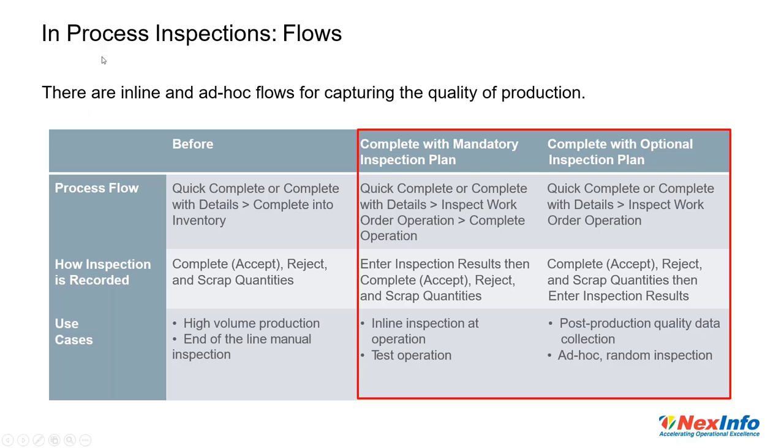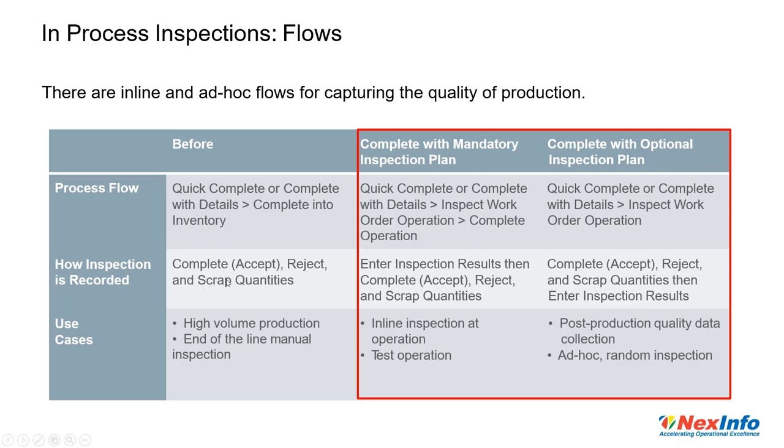So there are other things they are doing right now, which is the work in process inspection. Even though they are not using this extensively, they are just piloting with a couple of products. But with Fusion Quality, before the implementation of quality management, they could do a quick complete, and the inventory was completed into the inventory.